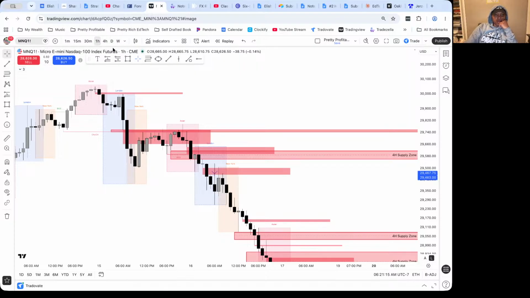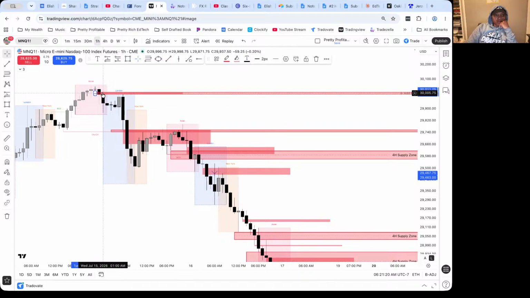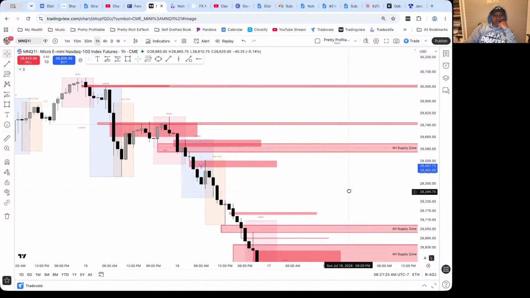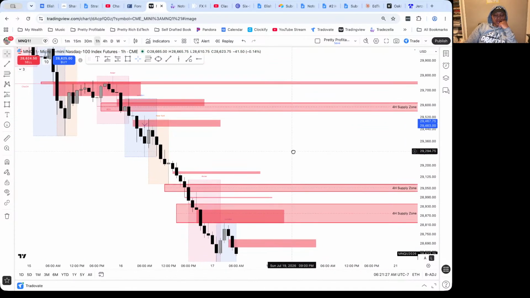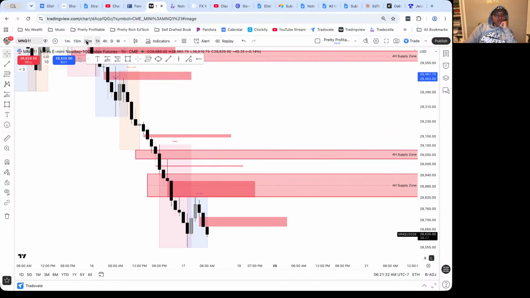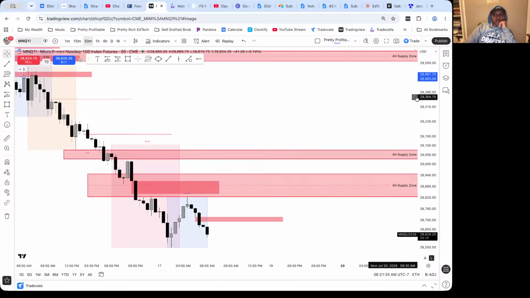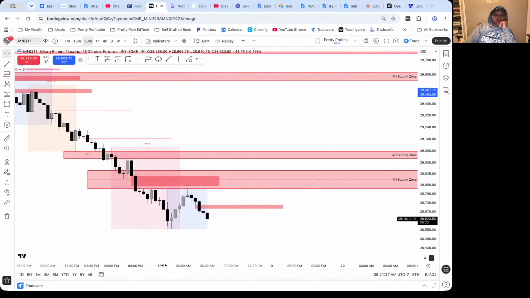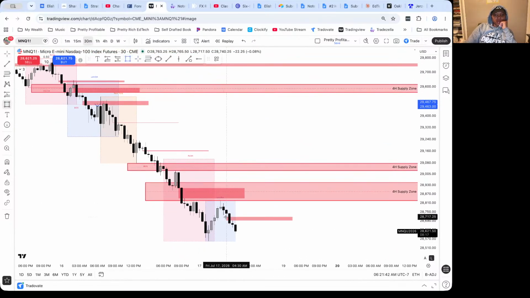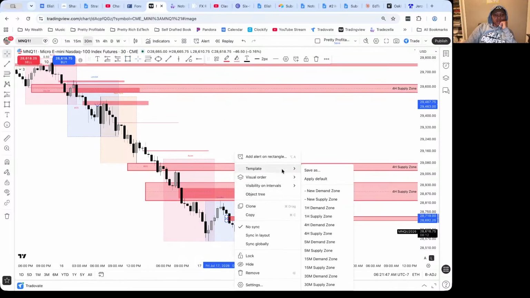1-hour supply zone. Also need to mark the London high and low. 30-minute supply zone.